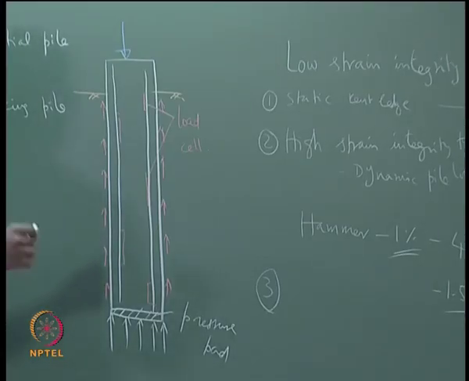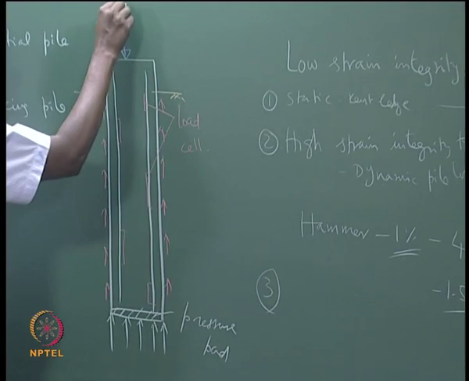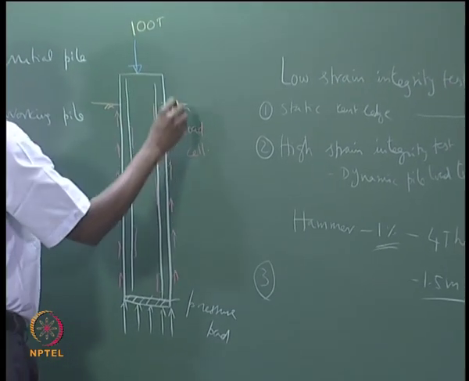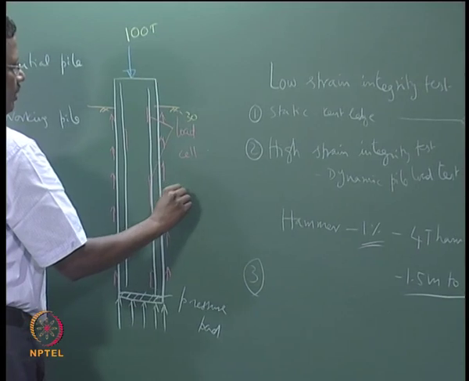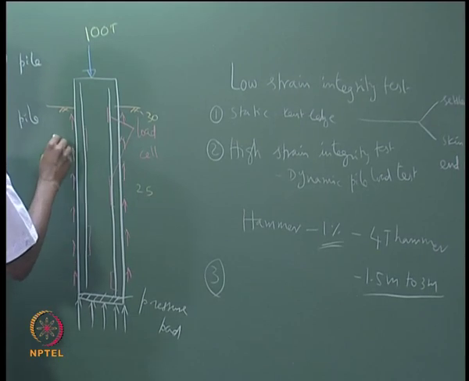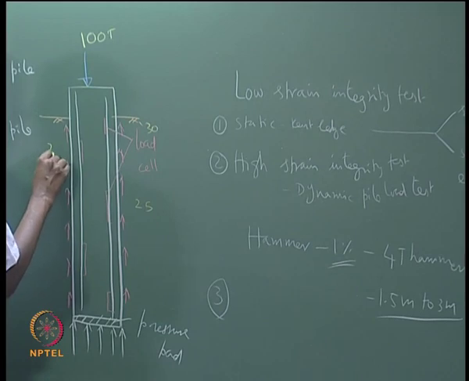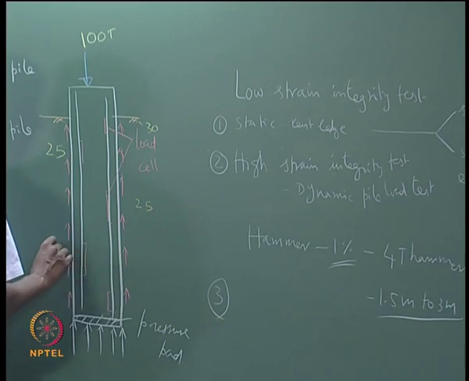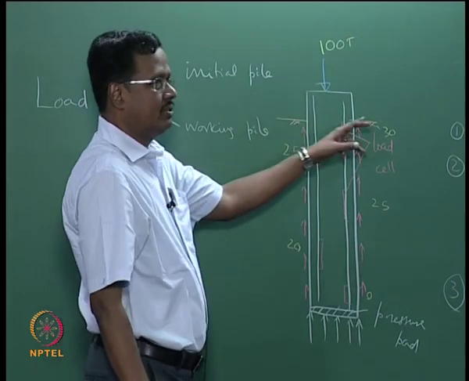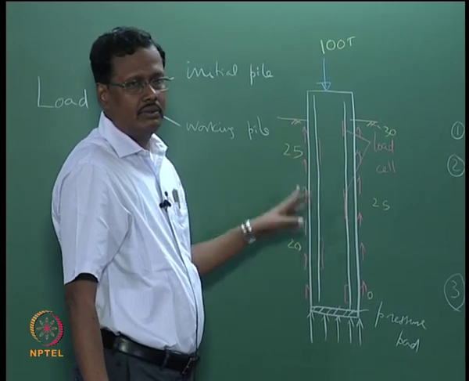Suppose you apply 100 tons load, then this may take 30, this may take 25, and this 25. What I am telling is out of 100 tons this will be 25 plus 25 is 50, plus 30 is 80, plus 20, 100 tons will go.